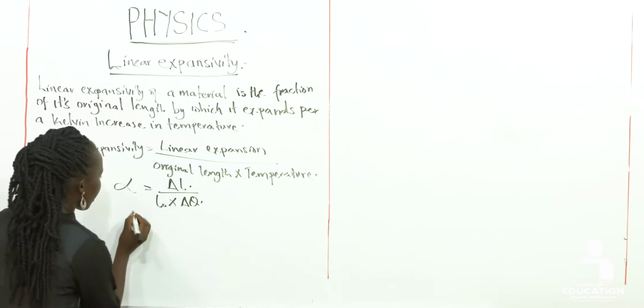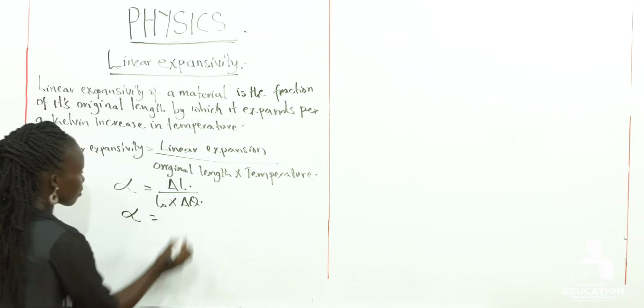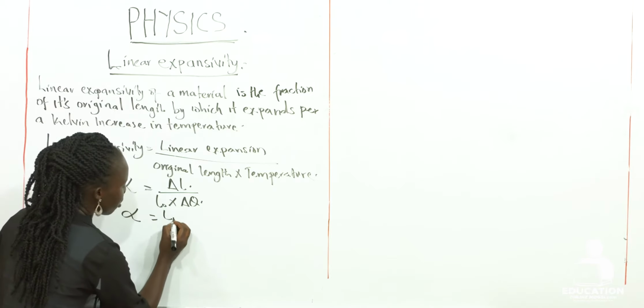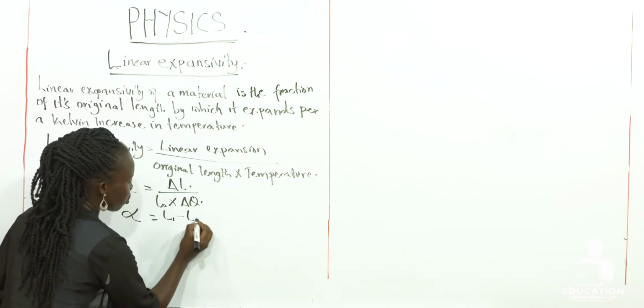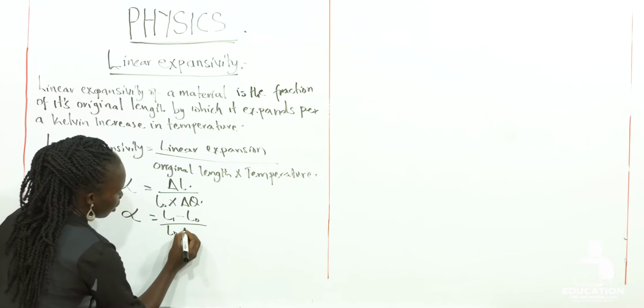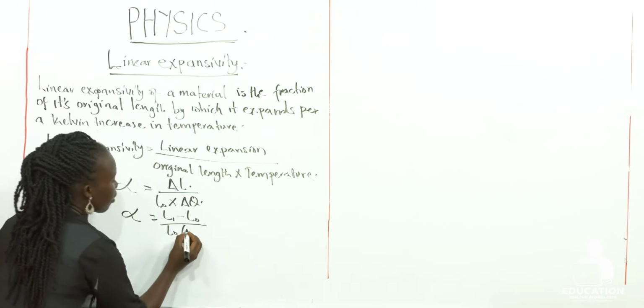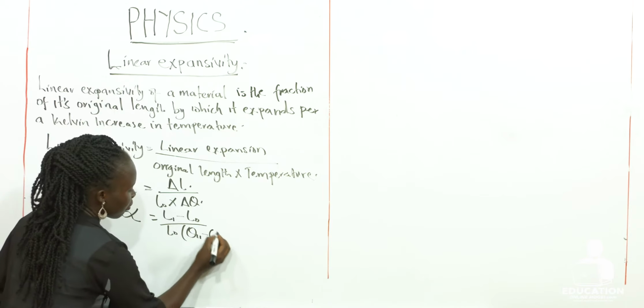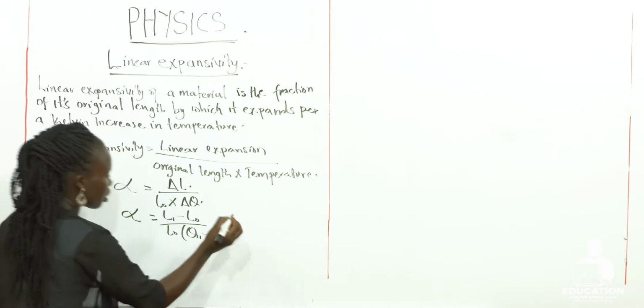So our expansivity is equal to L1 minus L naught, over L naught, multiplied by the difference in temperature, which is θ1 minus the initial temperature θ naught.